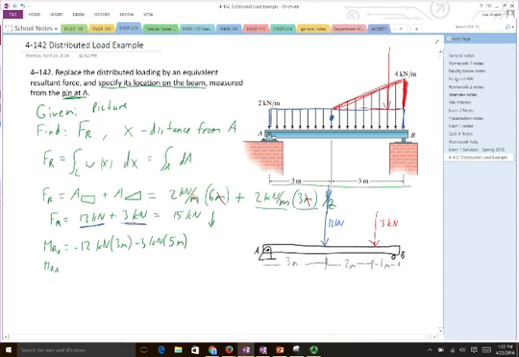So the resultant moment about A is going to be equal to negative 36 kilonewton meters minus 15 kilonewton meters.